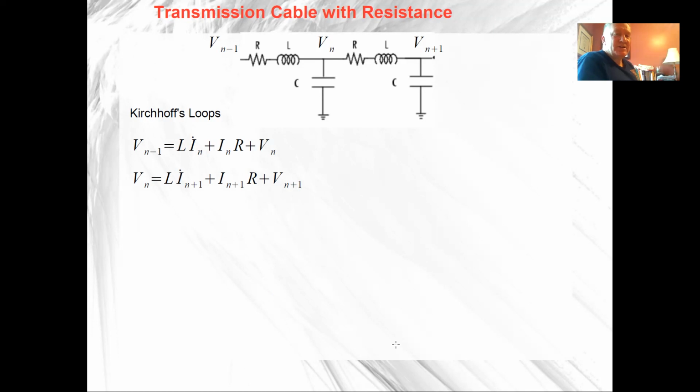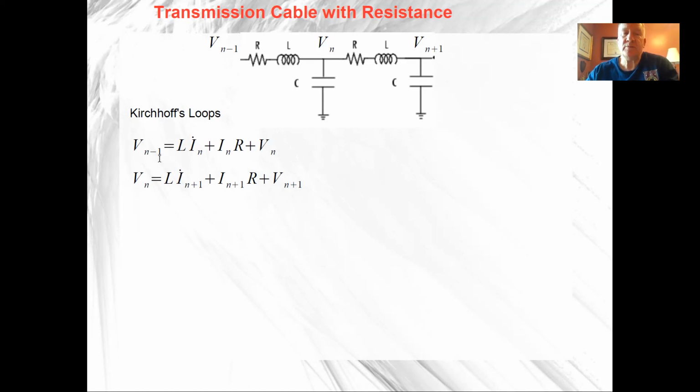By the way, transmission cables do have resistance, so really we should model it like this. If the cables are short, the resistance is going to be really close to 0 and you don't have to worry about it. But if we make the cables really long, then we have to add in the resistance.